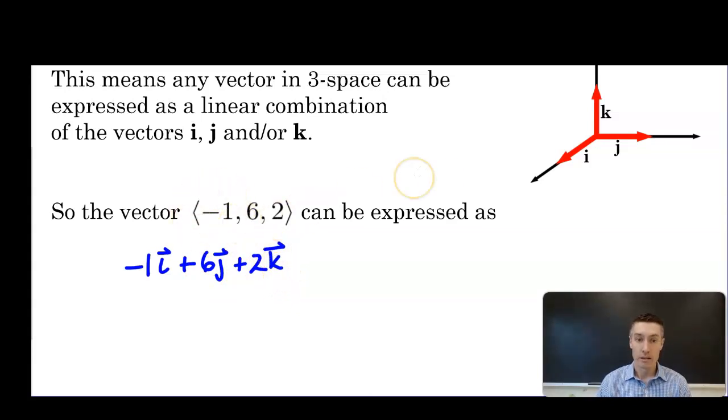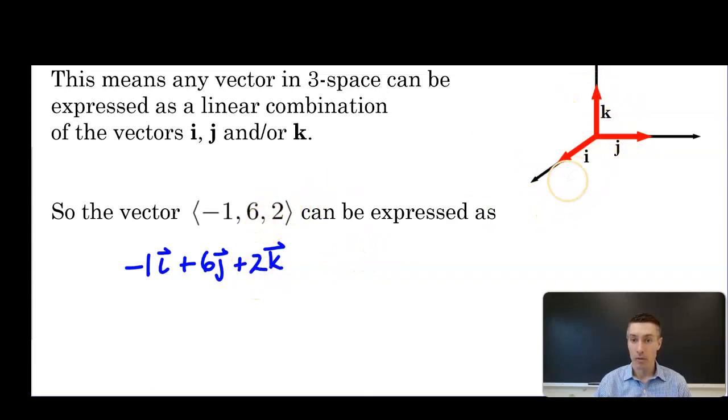Which means that -1 is in the x direction, so the i direction. We scale i by -1. 6 is the direction we move along the y-axis, so we're going to scale j, the unit vector along the y-axis, by 6. And then 2 is how much we move along the z-axis for this vector. So k, being the unit vector along the z-axis, we're going to scale by 2.